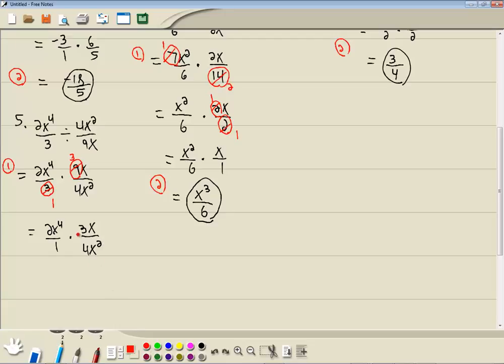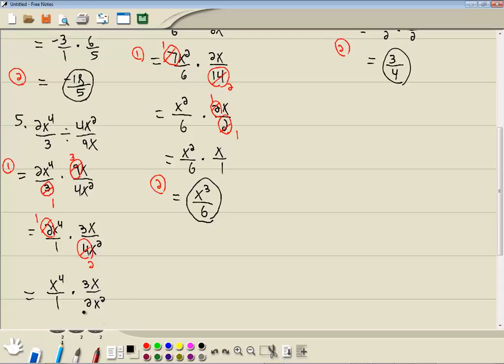Again, we're looking for a number on top and a number on the bottom. Here's a 2, here's a 4. Those are both divisible by 2. 2 divided by 2 is 1, 4 divided by 2 is 2. So we're going to have 1x to the 4th, or just x to the 4th, over 1, times 3x over 2x squared.